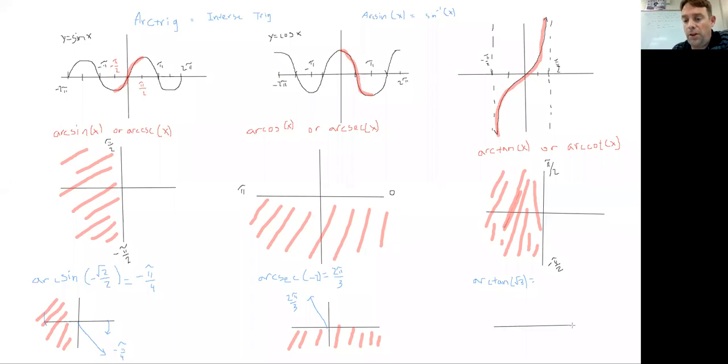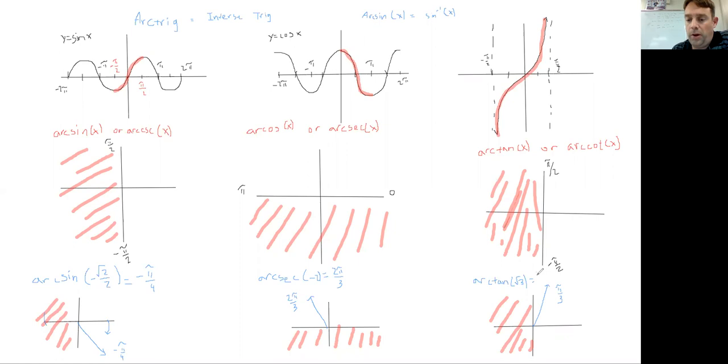And then our last one here, we have an arctangent. We get our no-fly zone. We're going to have to draw that in here. So no-fly zone, can't go over here, off limits. So tangent of root 3, that will be up here. That happens at pi over 3.